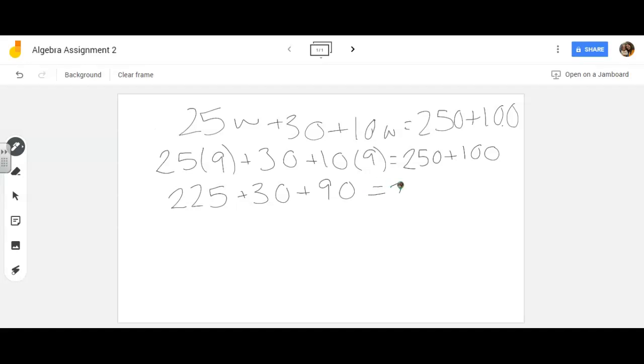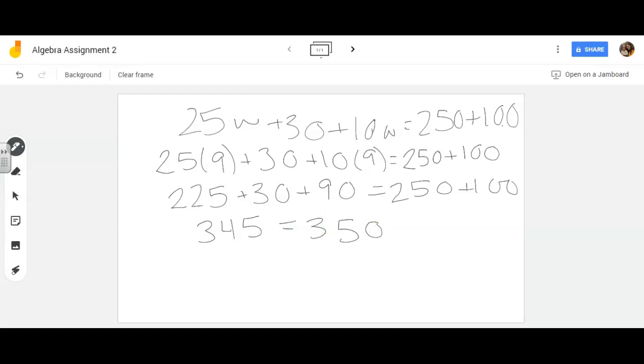It's 250 plus 100. And then we solve on both sides. 225 plus 30 plus 90, just putting that in my calculator. 345, no, that was right, so close. 345, does that equal 350?